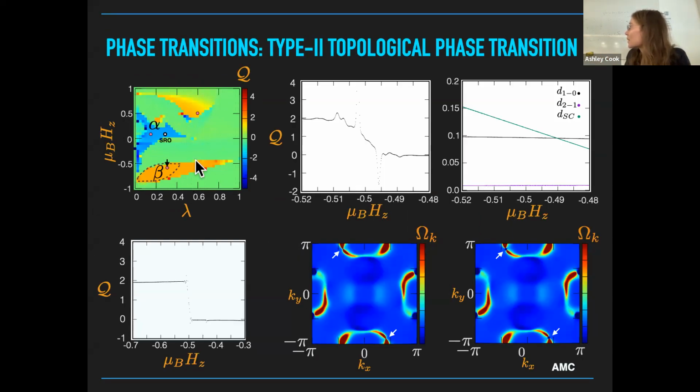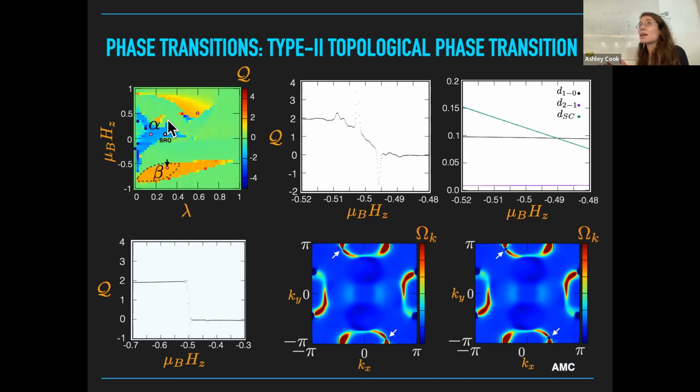So now I can get into talking about the topological phase transitions. If we go back to the total Chern number phase diagram and the Skyrmion number phase diagram, and we compare them, we would see certain lines along which we see the total Chern number change and also the Skyrmion number change. And this corresponds to a type 1 phase transition for the Skyrmion number.